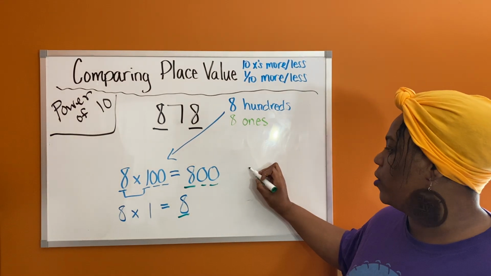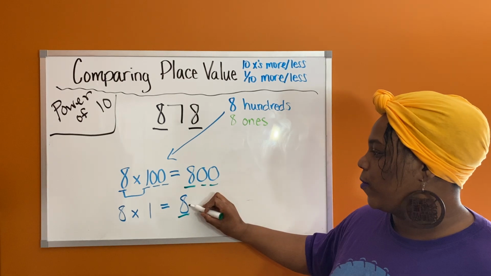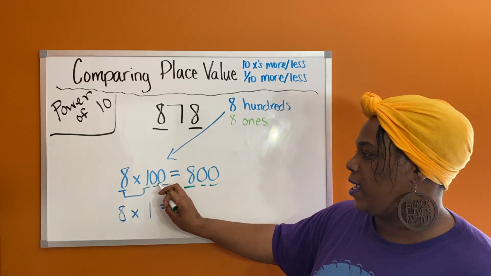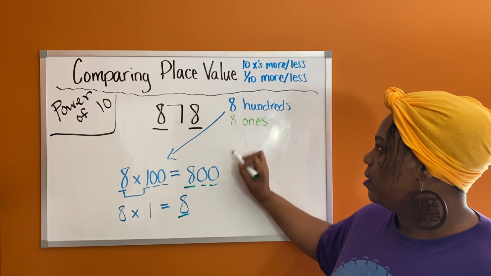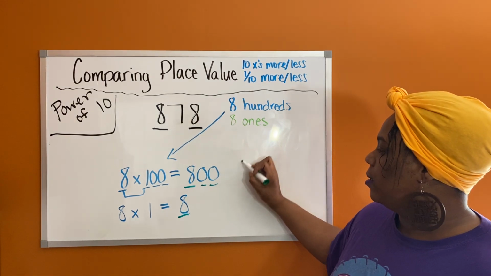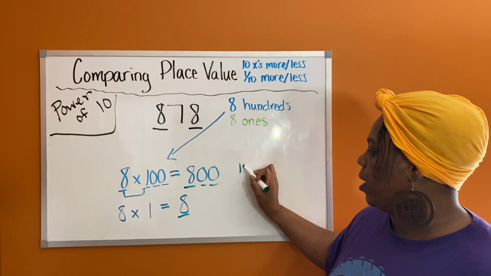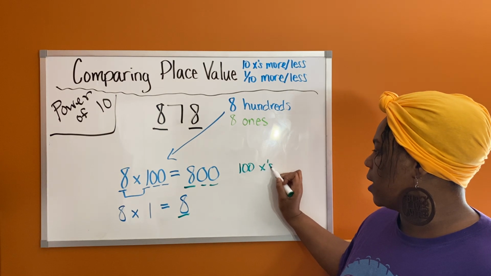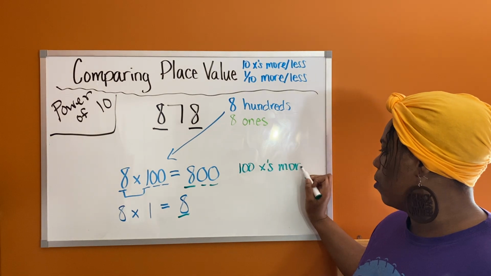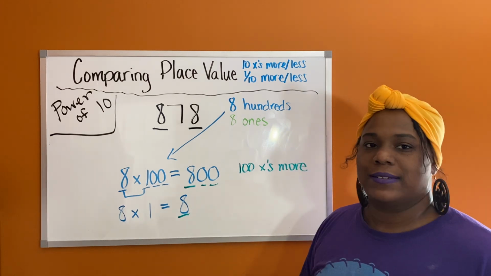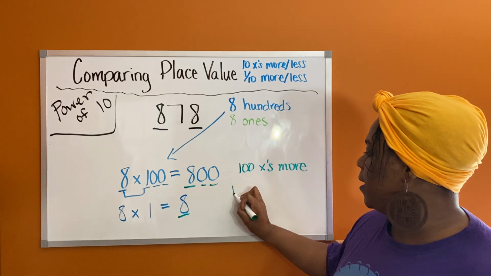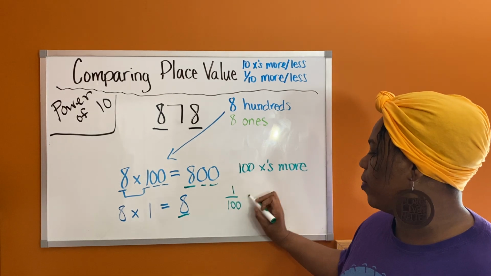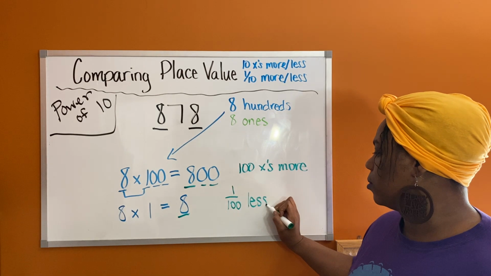If you said 100, then you are correct. To get from 8 to 100, we already see we multiply by 100. So that means that this is 100 times more than that. And on the reverse of that, this is 1/100th less.